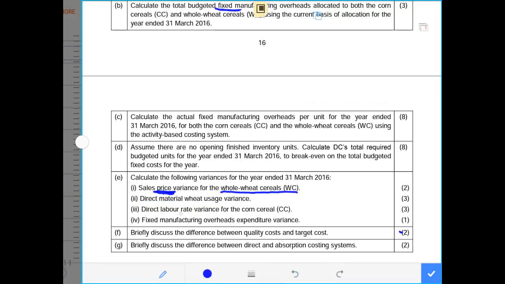Then direct labor rate variance, where we look at the rate of labor only, and this is for the corn cereal only. Then fixed manufacturing overheads expenditure, which is just budgeted fixed cost minus actual fixed cost. It is one of the very easiest variances to grab marks whenever such a variance is required in any assessment.